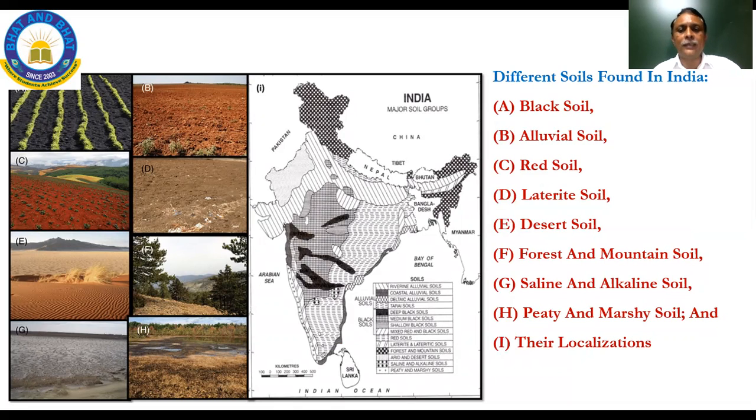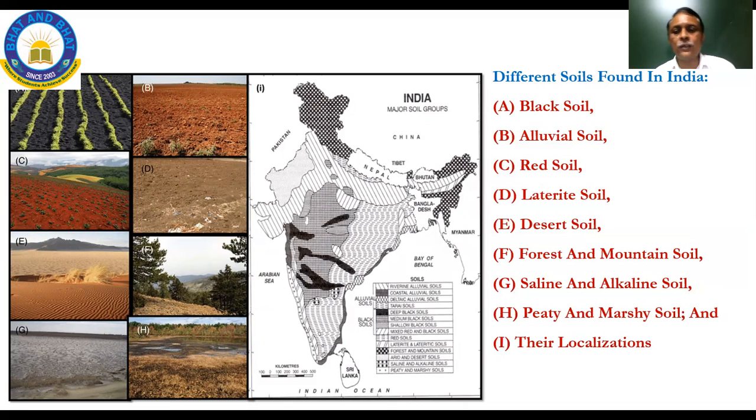E, the desert soil, as the name itself suggests, Rann of Kutch, the western parts of Rajasthan where the Thar desert is there, that is where these are there, and agriculturally not that important, and geographically also the areas are less. So the remaining types, which is why I believe it's not included here in the text, but we can know this as part of our understanding of the different types of soils.